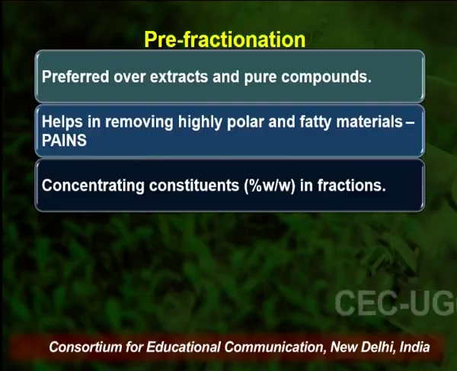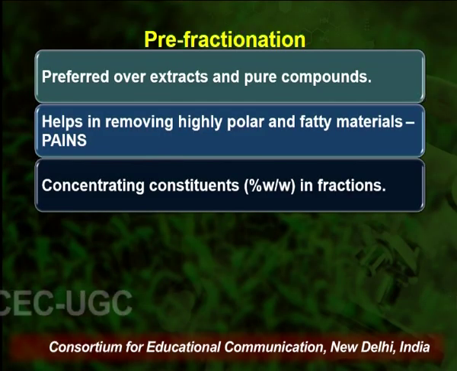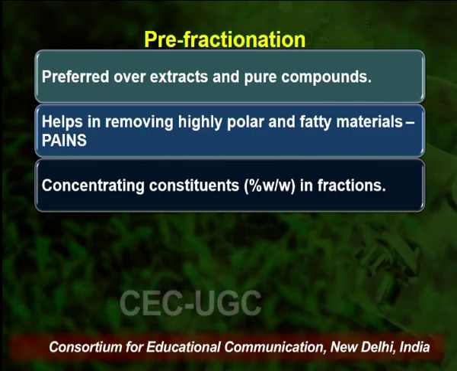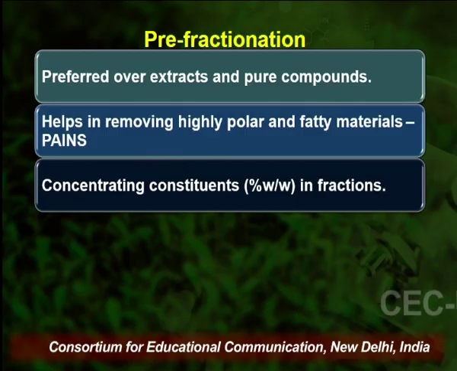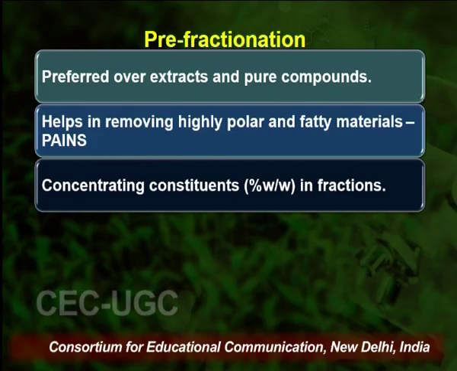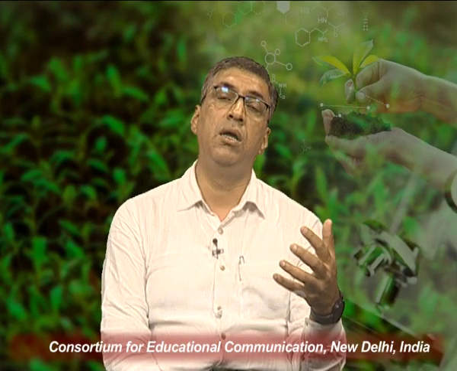Third is concentrating the constituents. When we divide the extract into fractions, it increases the concentration of the constituents, weight by weight percentage, in a particular fraction. So, this will help in overcoming the effect of using a single concentration while evaluating the test extract or fractions in HTS.